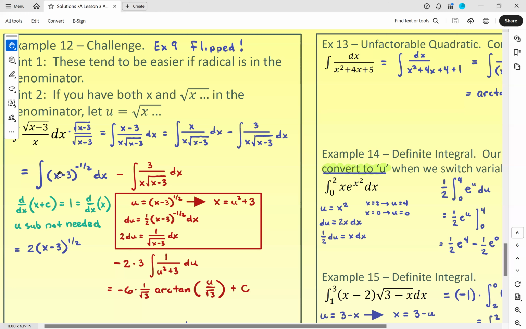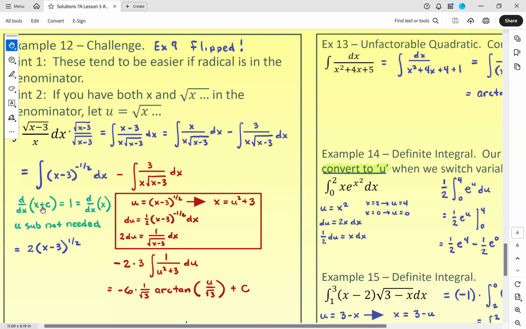Again, you could do it as a u sub with u equals x minus 3. But I'm hoping by now you have noticed some patterns with these U subs, and you're maybe seeing a couple shortcuts. One of the things that might have come up already is that if our choice for U happens to have the same derivative as just a regular x, we don't really need to show U sub because our U value, in this case, I wrote x plus c, or really it's going to be x minus 3, is just going to behave like a regular x.